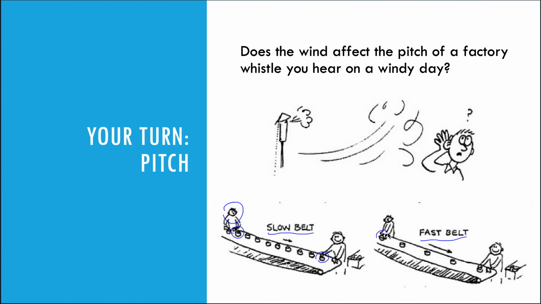Well, if the person is still depositing an item every second, do you see that the person is still going to receive an item every second? The only difference is that now, because the belt is moving faster, the items are going to be spread further apart. But you're still going to get the same number of items per second. So you're still going to have the same number of cycles per second, or same frequency of the pitch. Let's look at another example in the video that follows.